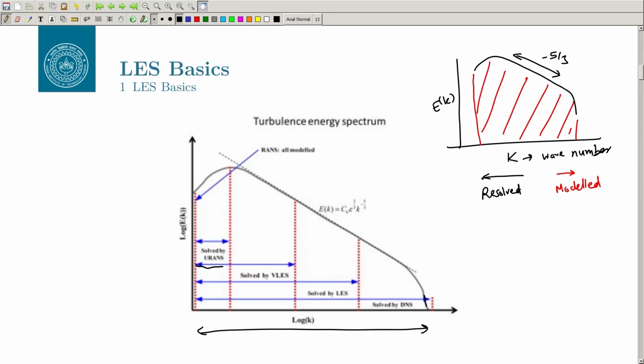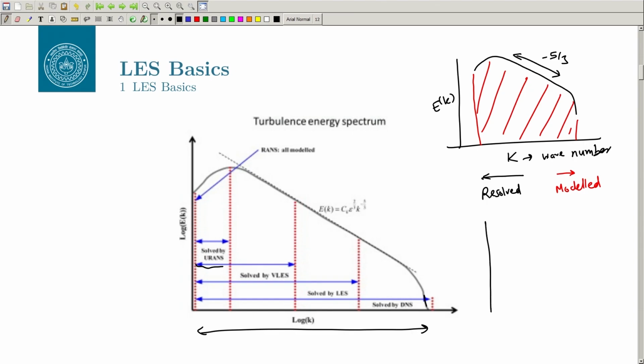Now, the question is how much you should resolve and how much you should model. A good LES and a bad LES depends on how much you are resolving and how much you are modeling. Typically a good LES is one where you can resolve at least 80% of the energy.